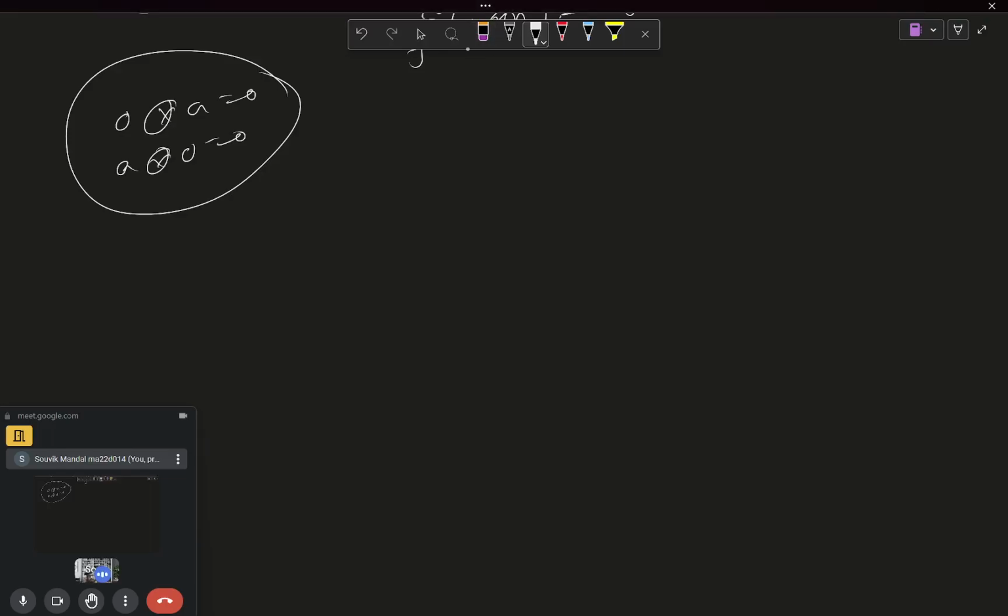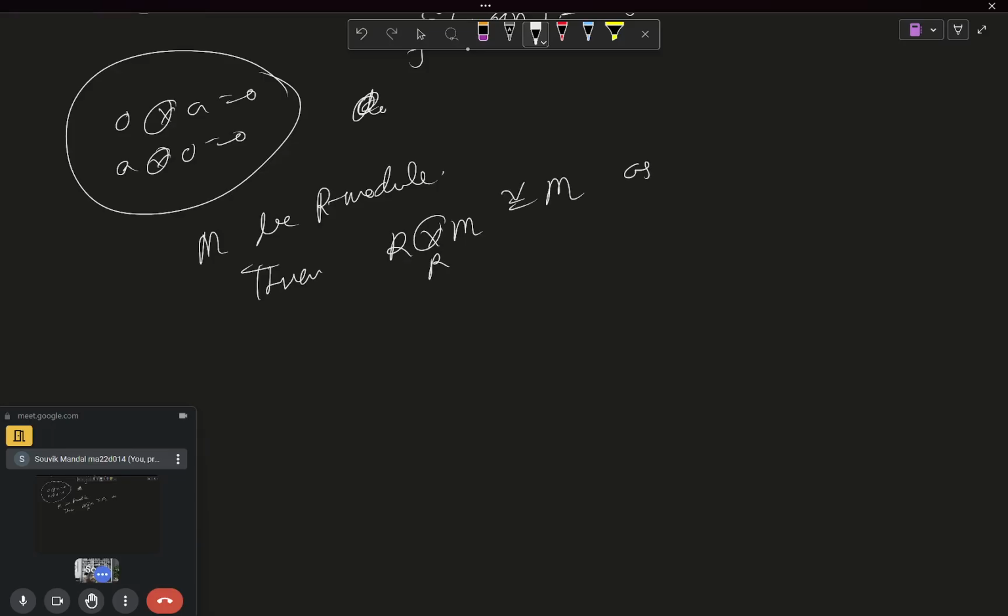For example, let M be our module. Then R tensor M is isomorphic to M as an R module.